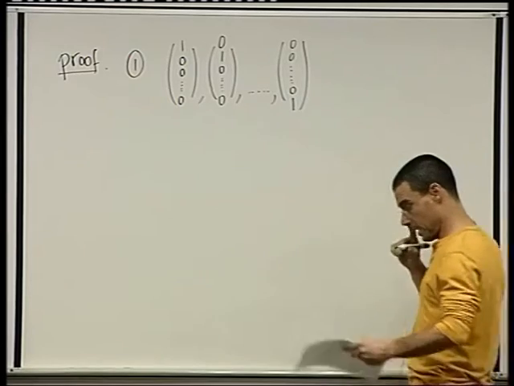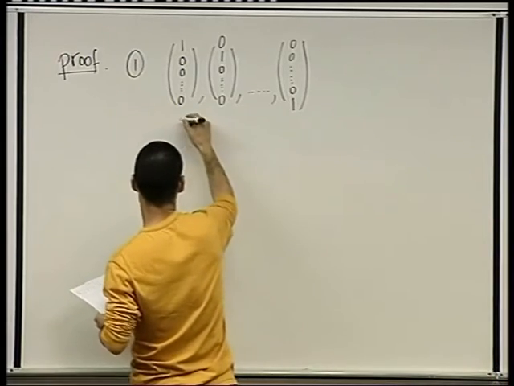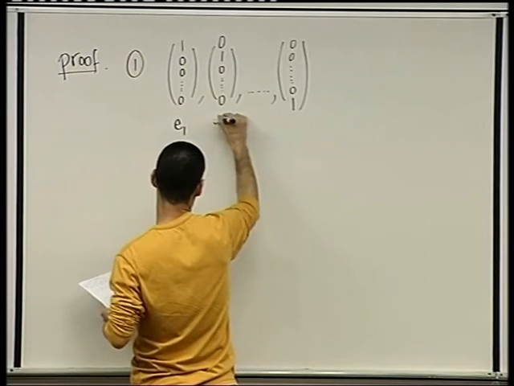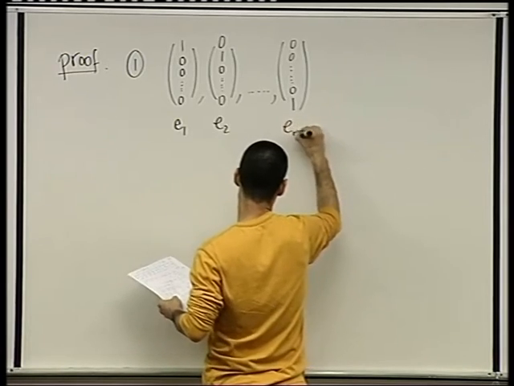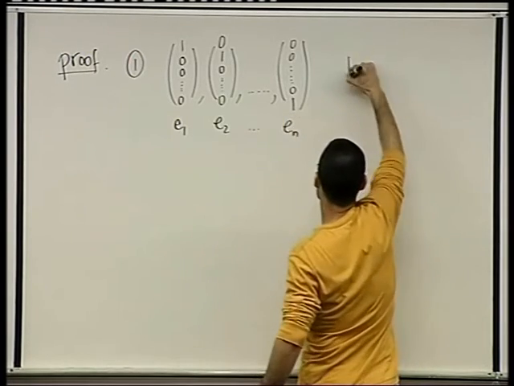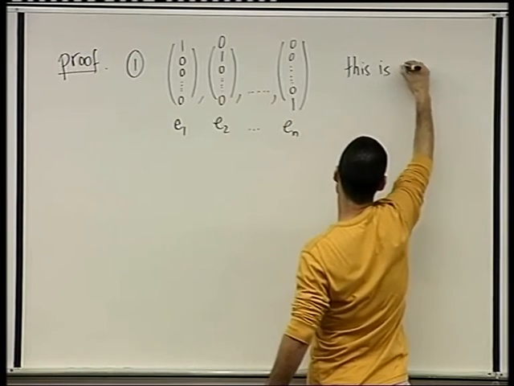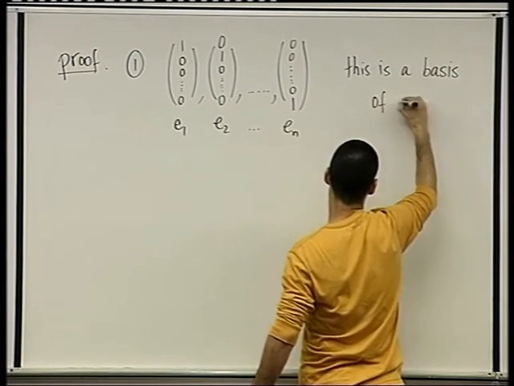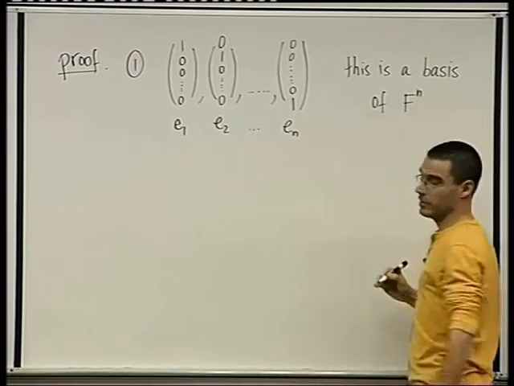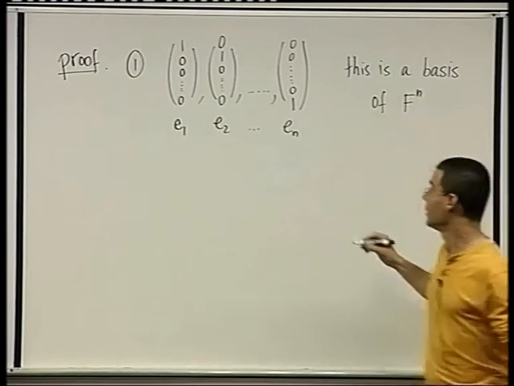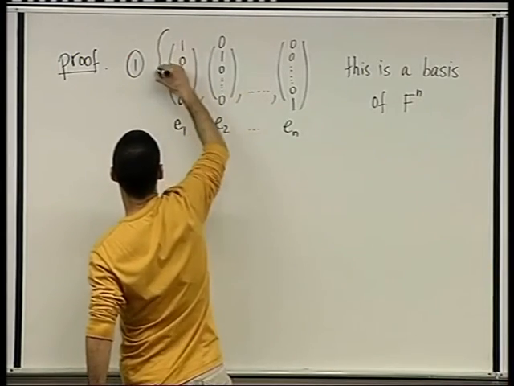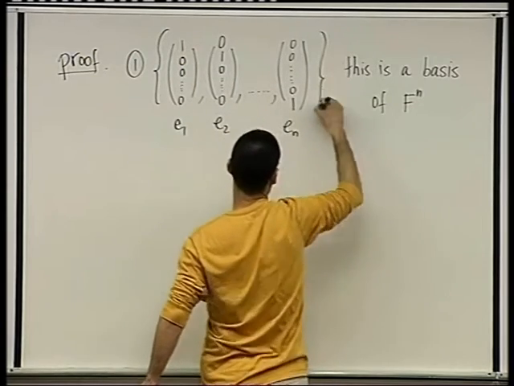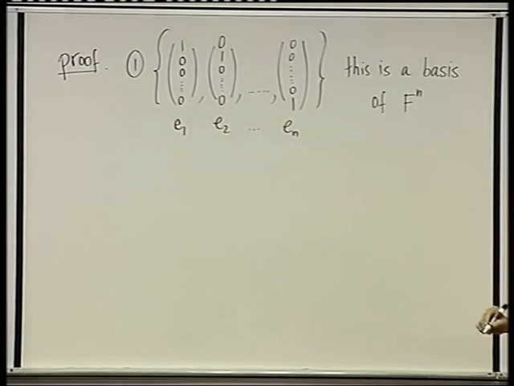Do you agree? So this, let's give them names. Let's call this one E1, E2, all the way up to En. This is a basis, the standard basis of Fn, of the domain space. Do you agree? Maybe we should put these squiggly brackets here. Good? Everybody good? Okay.